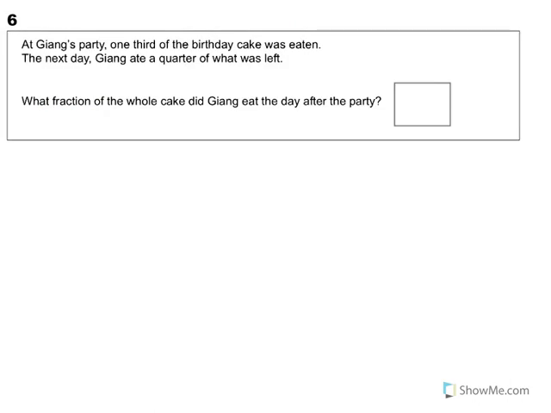Next question. This question says that 1/3 of the birthday cake was eaten, so there are 2/3 left. Then it says that the next day this person ate 1/4 of what was left. Now one of the key words is the word "of".